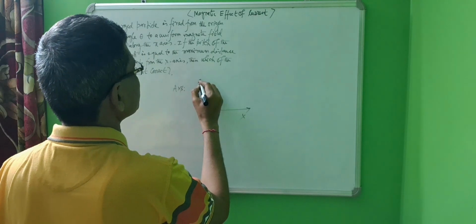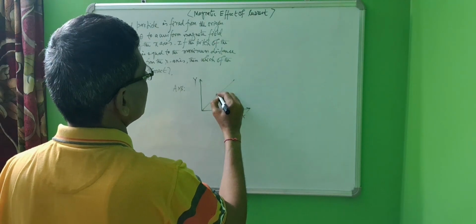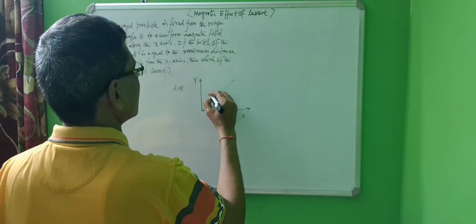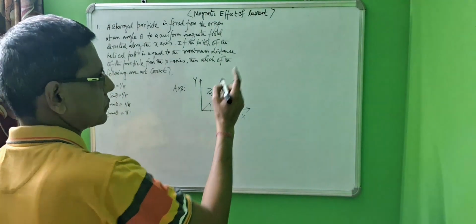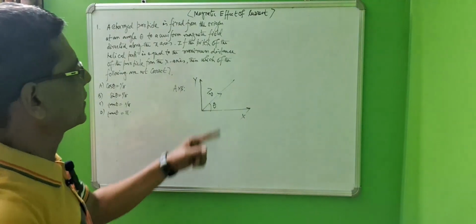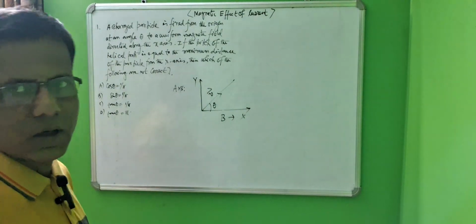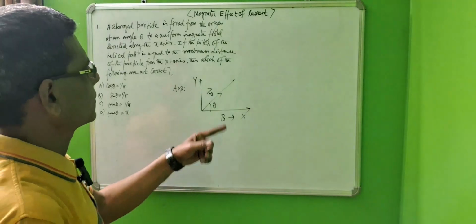Suppose this is x-axis, this is y-axis. So the charged particle is thrown at an angle theta, where here is B, magnetic field, acting along the x-axis.